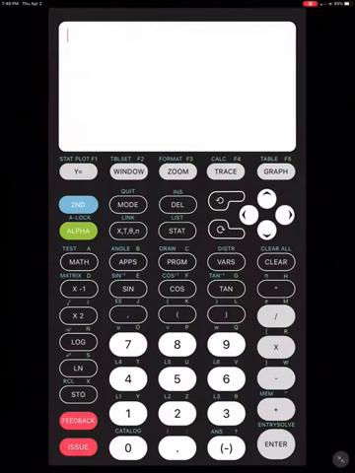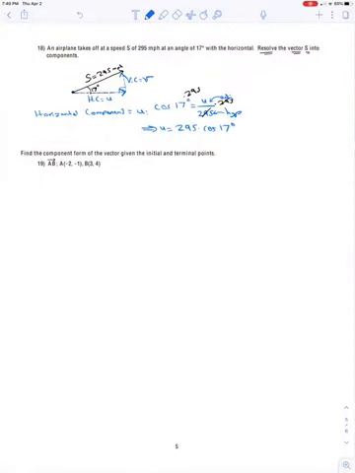As we go to our TI, we got 295 times the cosine of 17 degrees. I got 282.1. So as our vector goes, this is 282 miles per hour. There's our horizontal component. There's HC.